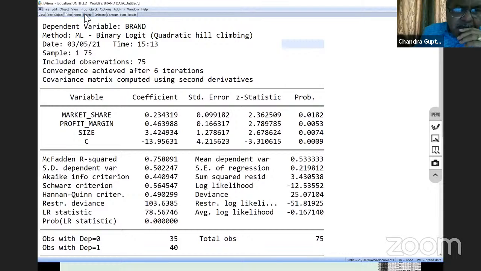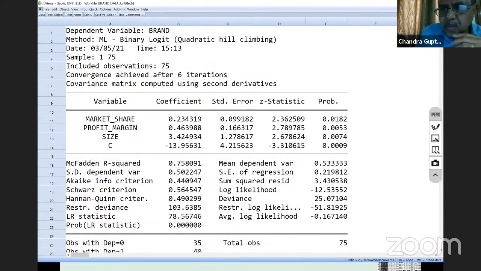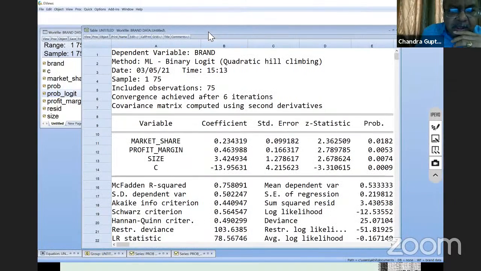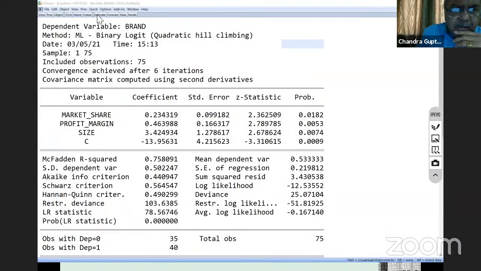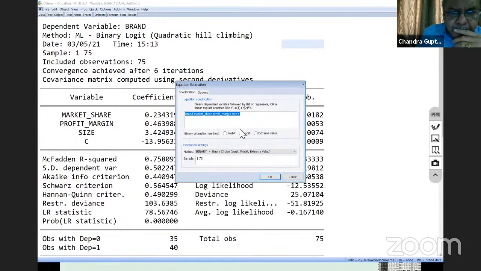I freeze it, and suppose I re-estimate the model with one of the variables dropped. Suppose I don't take size here, and then I want to determine which is better.